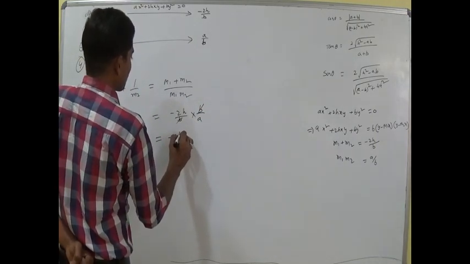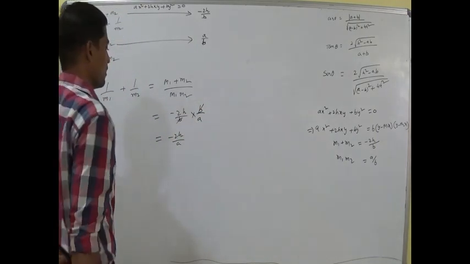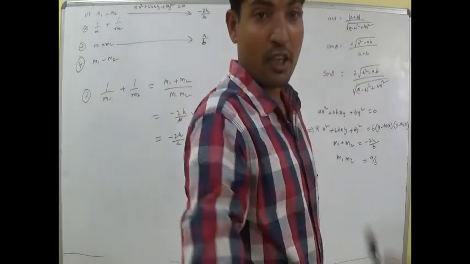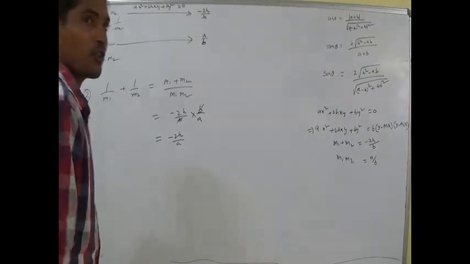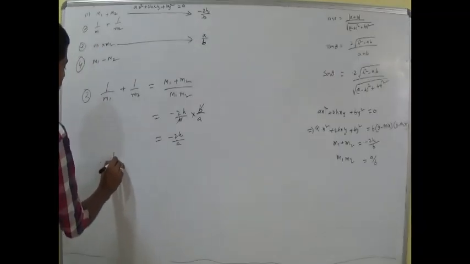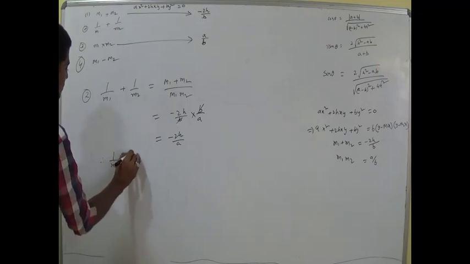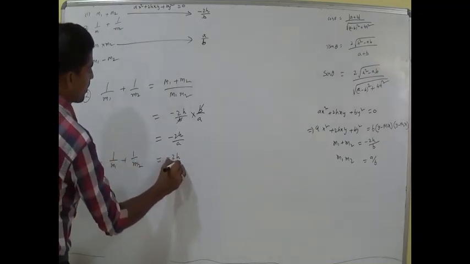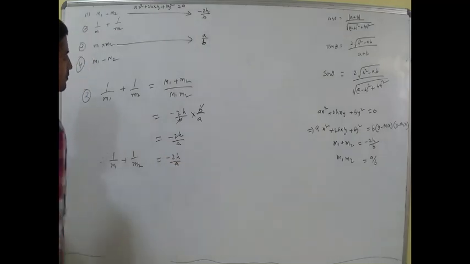So minus 2h by a. Therefore 1 by m1 plus 1 by m2 equals minus 2h by a.